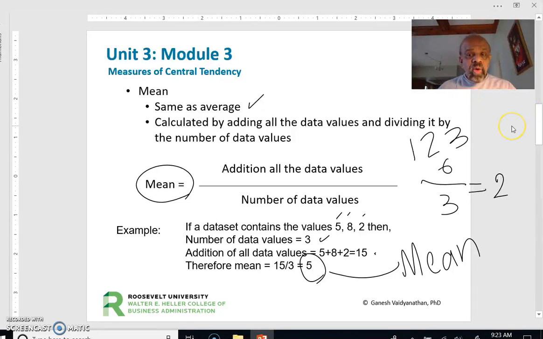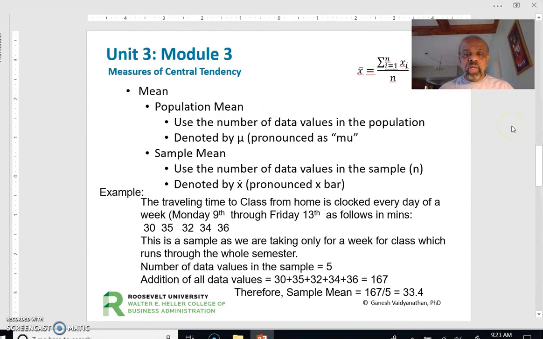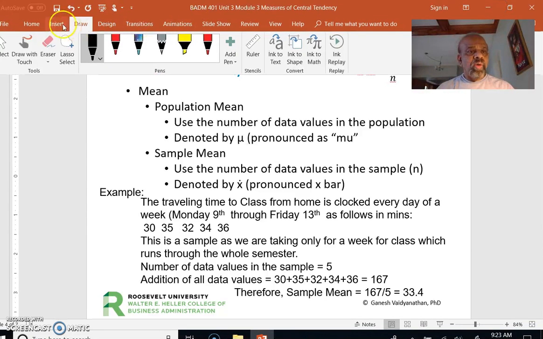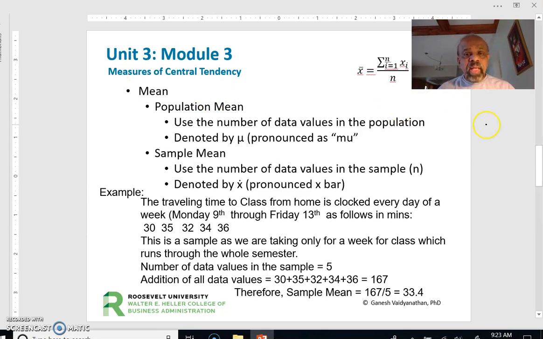And now, going back to our way of looking into sample and mean, we're going to look at mean from a population point of view as well as a sample point of view. Okay, so how do we do that? First make sure that we know how we denote this. When we say mu, this is pronounced as mu, that is the population mean.